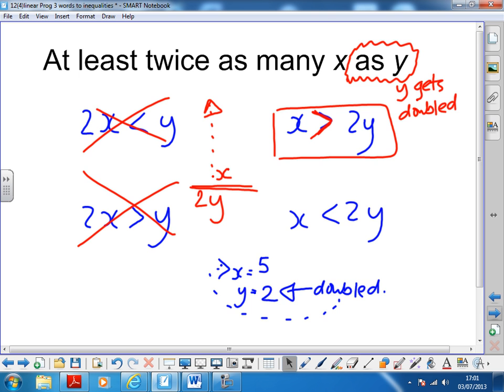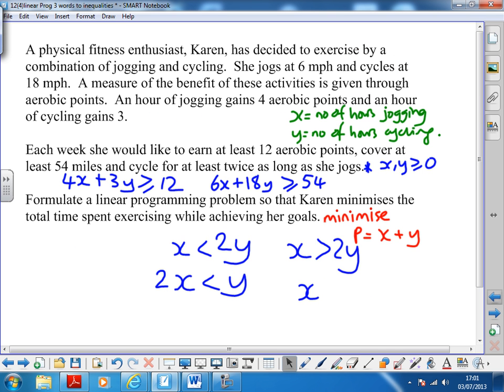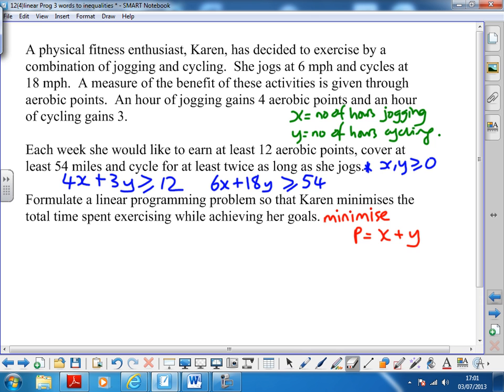If we go back to this one and have a look at the way this was phrased. She needs to cycle for at least twice as long as she jogs. As she jogs. The jogging is the focus here.